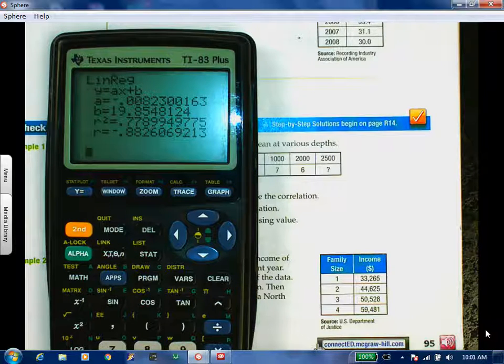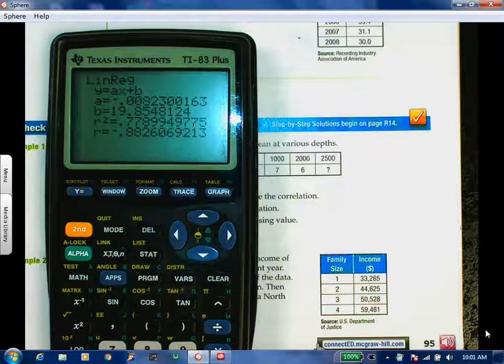So the correlation coefficient, that is a value between -1 and 1 that tells you how closely the equation fits the data. If you have a photographic memory, you'll probably be okay.